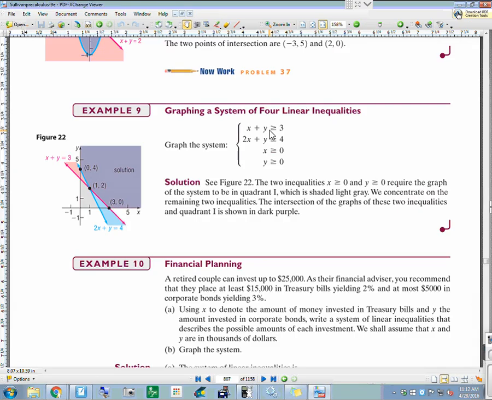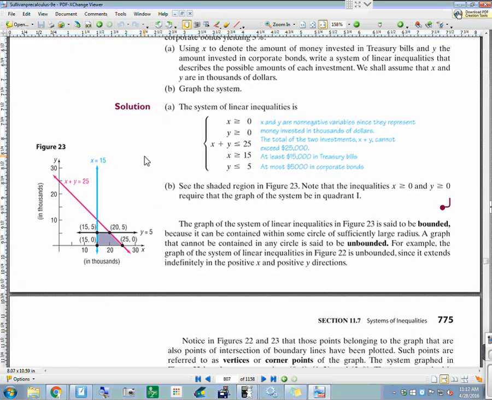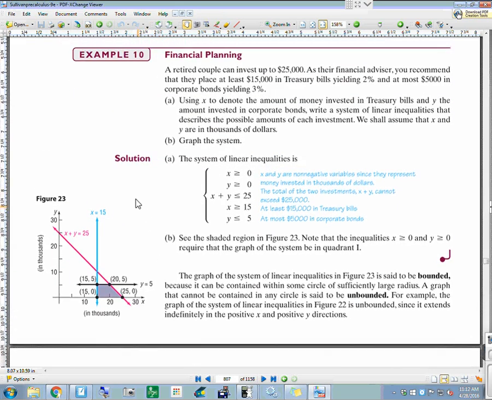Y has to be greater than or equal to negative x plus 3. So that means these are being shaded above, those are being shaded above. So it's going to be all of this area up here. That's where it's at. It's just simply taking what you have gotten and utilizing everything that you've got.